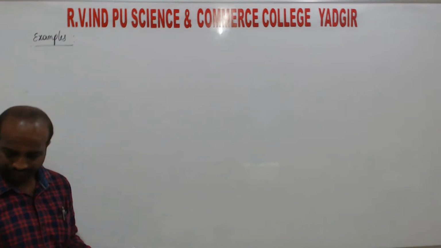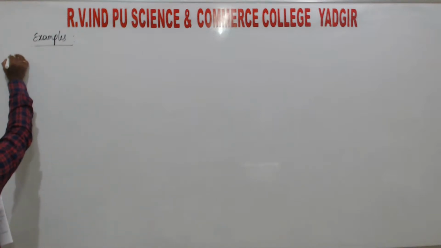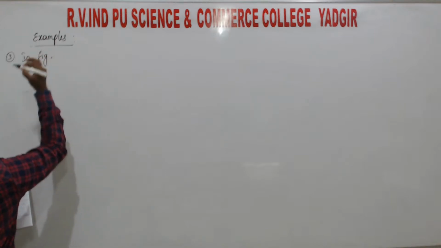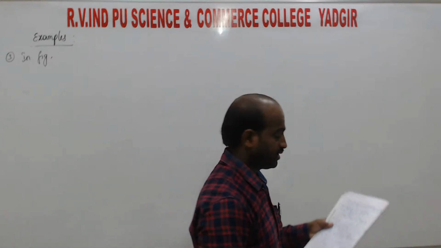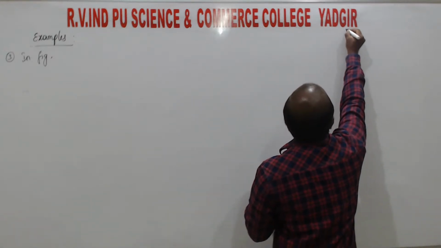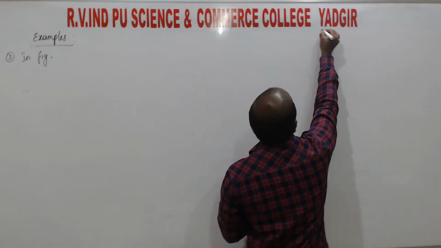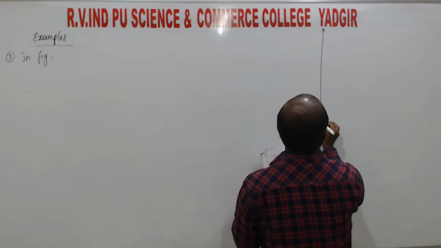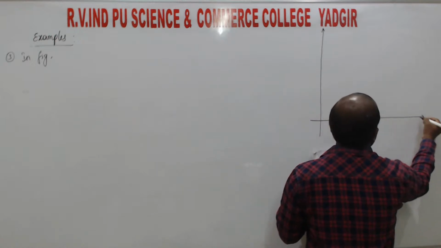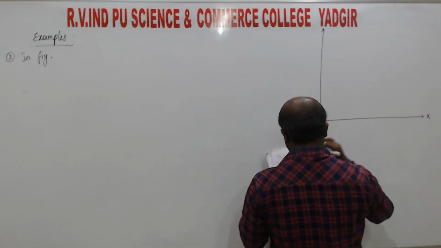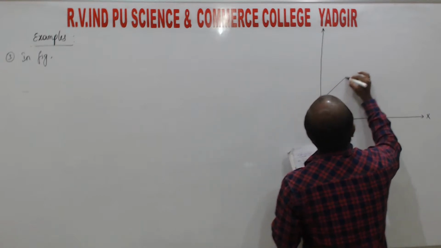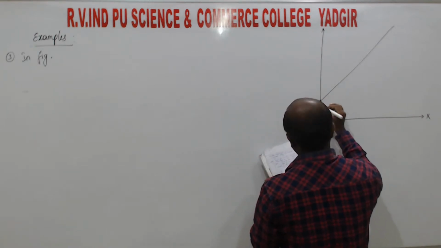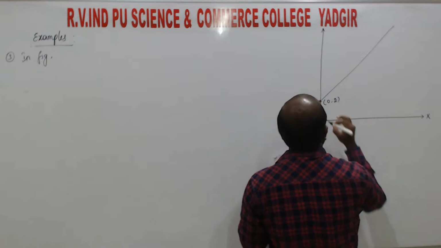Next question. In the figure, the diagram is already given. The xy plane is given. This point is (0, 2).